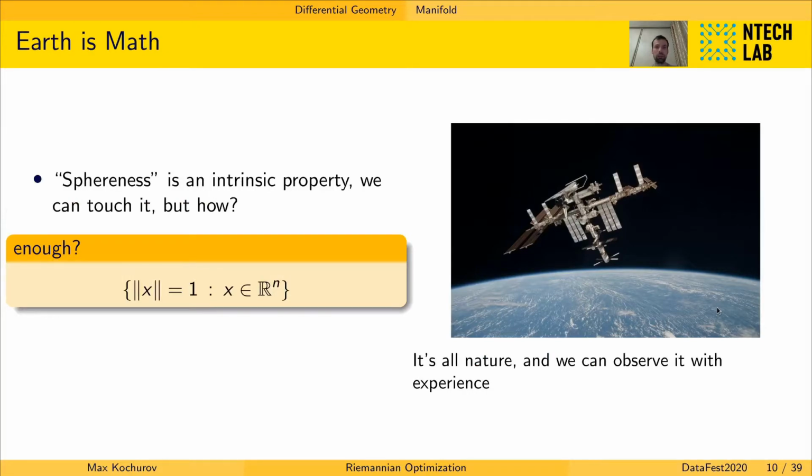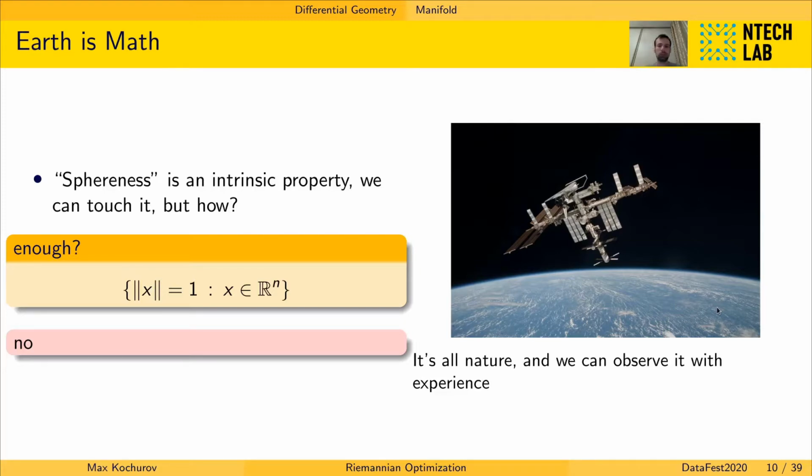And as I said, sphericity is not something that belongs to the sphere. If you imagine that there is a constraint that points should have norm of 1 in R^n, that defines the sphere, actually, in some sense, but it's still not enough to explain why a sphere is so spherical, and why we say that its curvature is 1, positive.